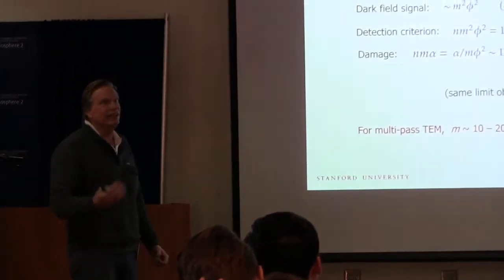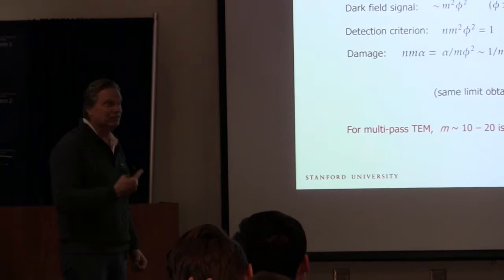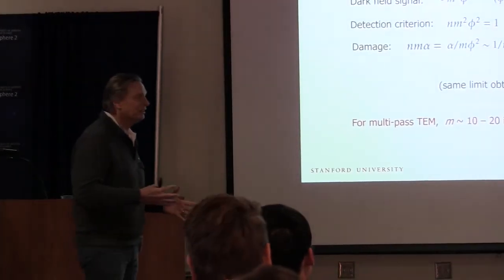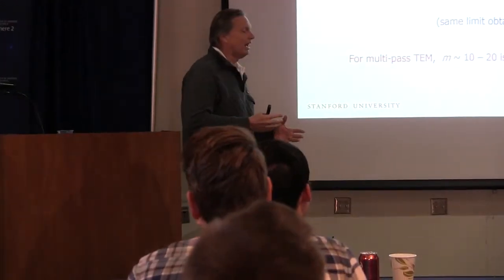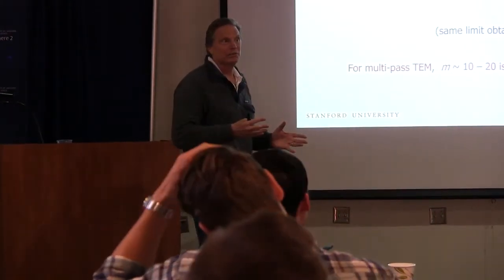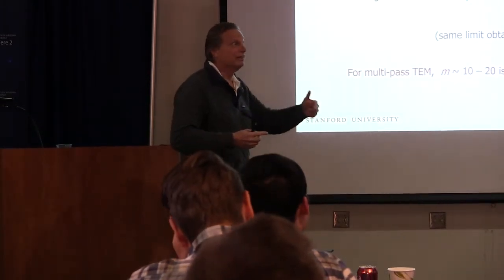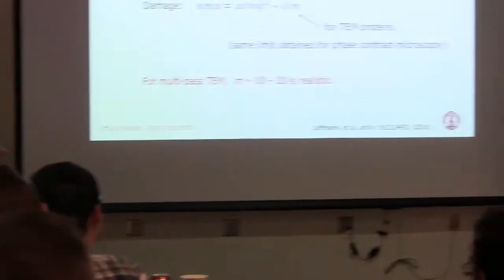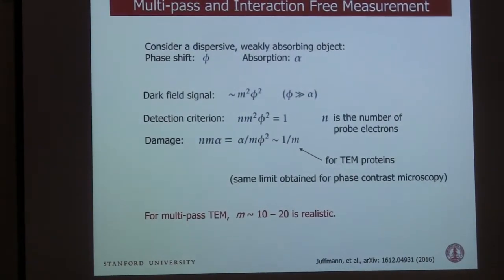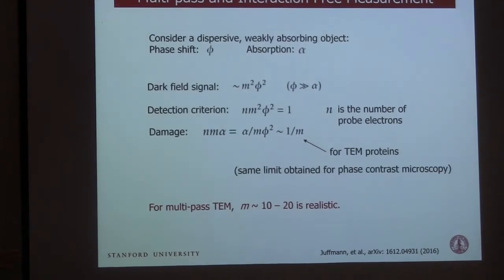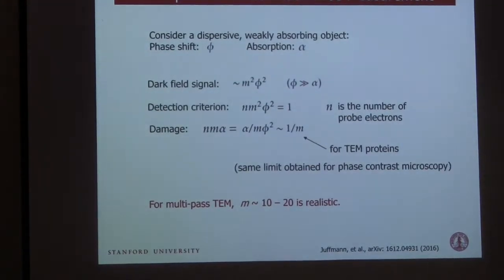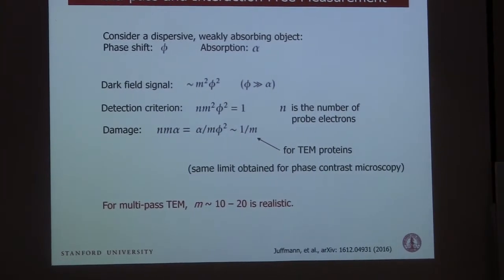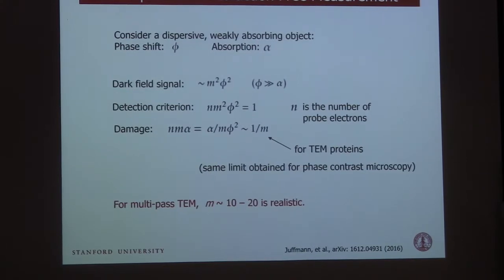Then 9 times out of 10, I will not suffer, per quantum mechanics, an inelastic loss mechanism. And I will detect the object by looking at my detection criteria, you'll see that my detection criteria is met. I will detect the object 9 times out of 10 without suffering one of these inelastic losses.